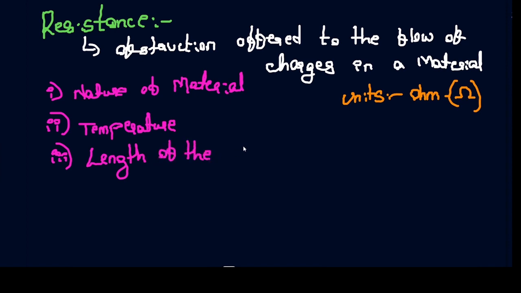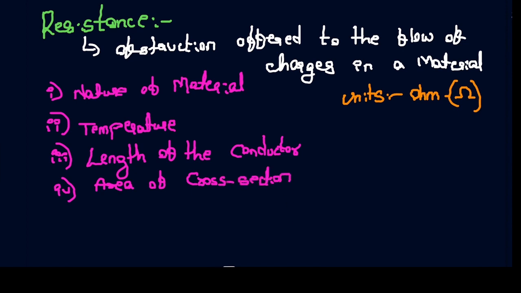And one more physical quantity of the conductor on which resistance depends is the area of cross section, but it is reverse. Here resistance is directly proportional to length, and resistance is inversely proportional to area of cross section.